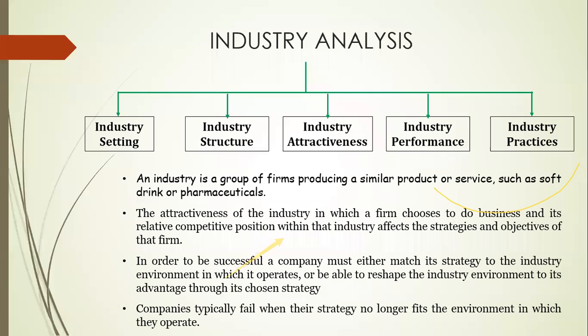For example, we have the cement industry. All those manufacturing organizations which are producing cement, we club them together and call them the cement industry. Similarly, we have the consumer durable industry. All right. Now, what is this consumer durable industry? All those manufacturing organizations which are producing white goods.